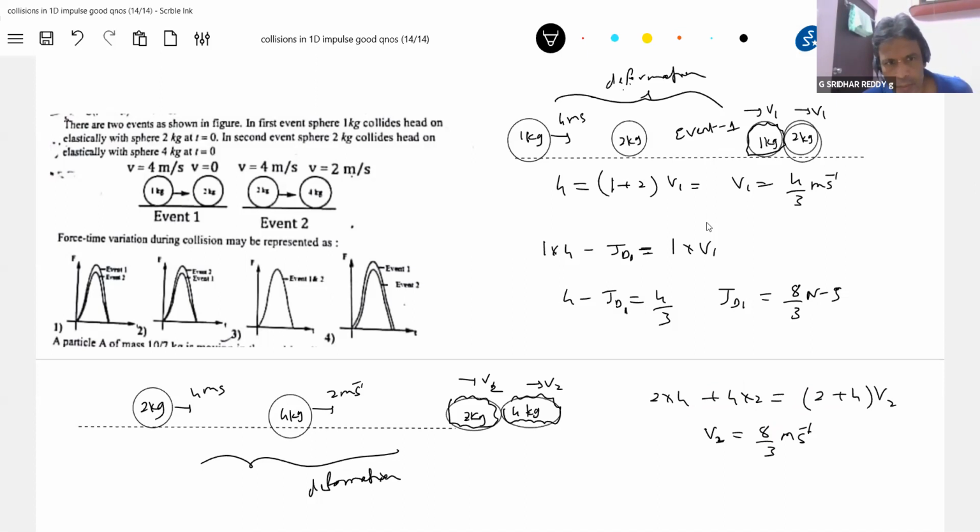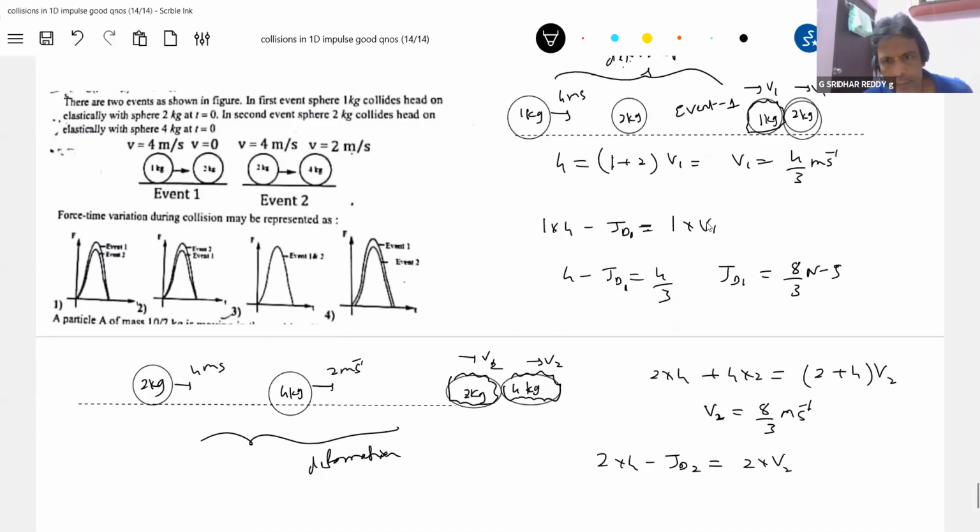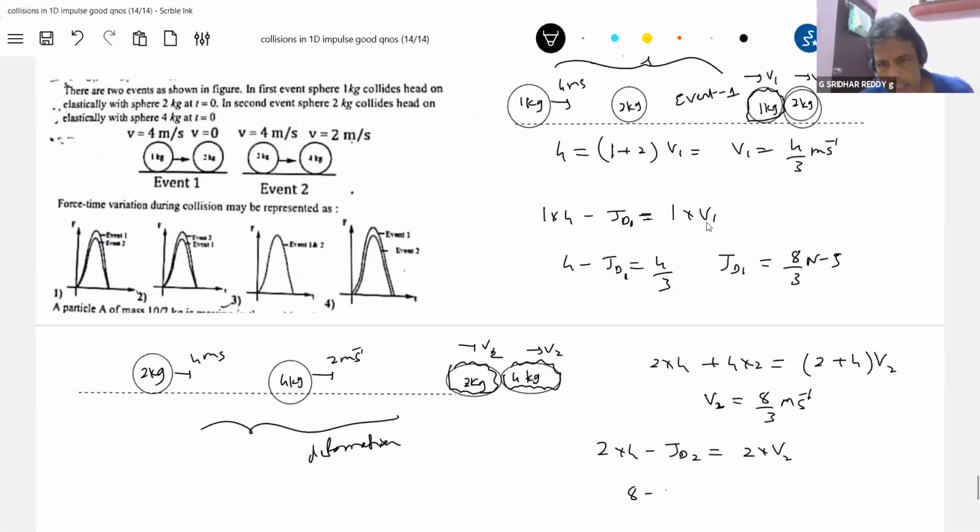Let me apply the impulse of deformation. 2 into 4 minus JD2 equals 2 into V2. 8 minus, this will be 2 into 8 by 3. So it is 8 by 3 only.